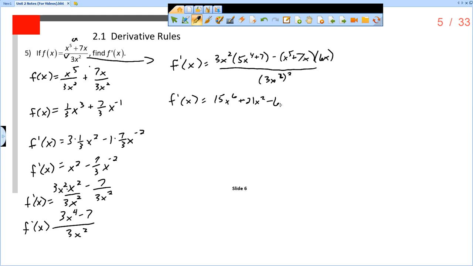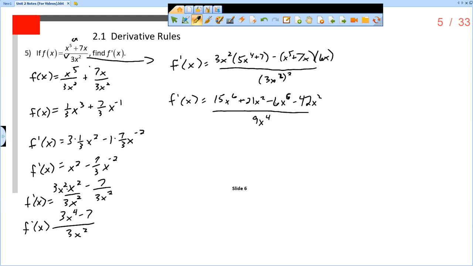So minus 6x to the sixth, and then minus 42x squared. And then all divided by, in the denominator, 9x to the fourth.